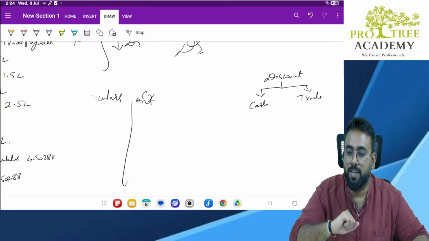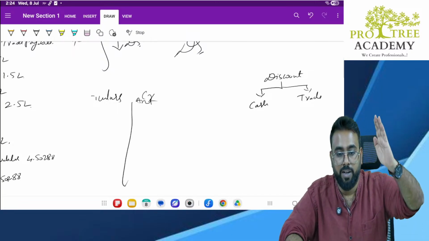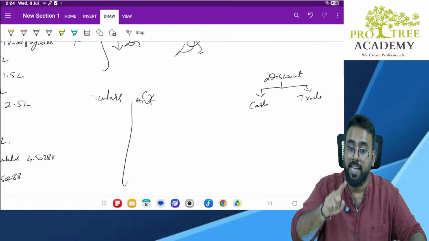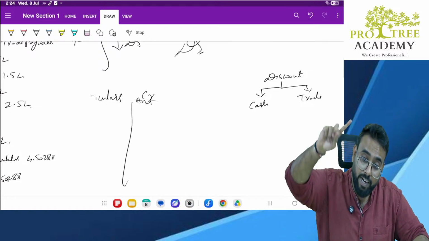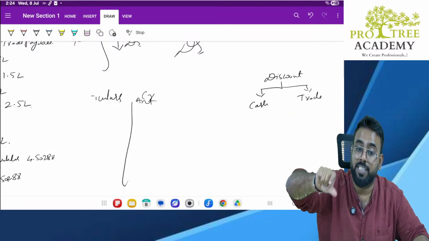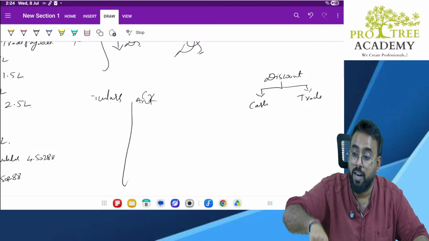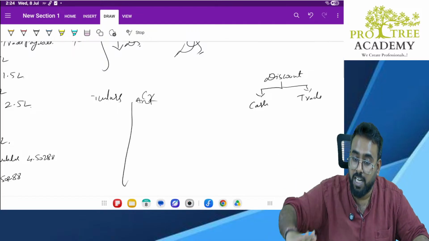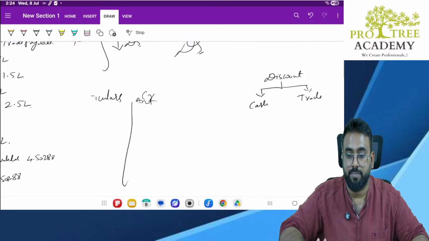Sir, then what is the exact difference here? Understand. Trade discount is done at the time of sales or purchases. Cash discount is done when the sale and purchase is already done. But that particular cash discount is given only for faster collection of the money or faster payment of the money.